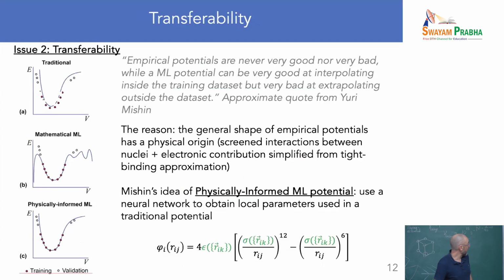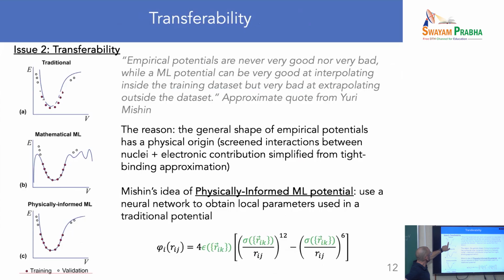And the other issue, as I said earlier, is the transferability. This is taken from Yuri Mishin. I had a discussion some years ago with Yuri Mishin, and what he told me, which is at the core of his review paper, is that a traditional potential is never really very good nor really very bad.